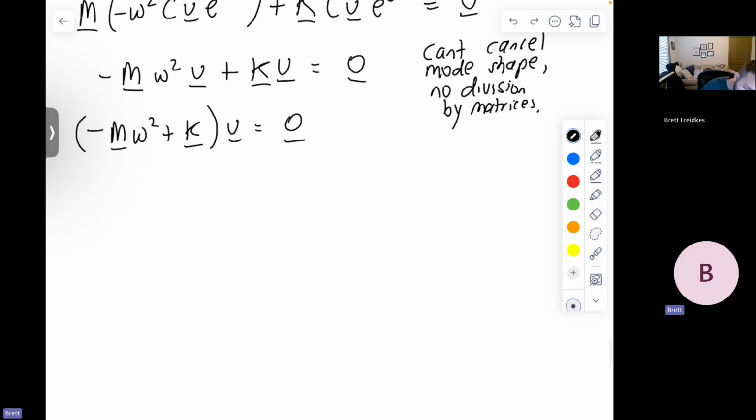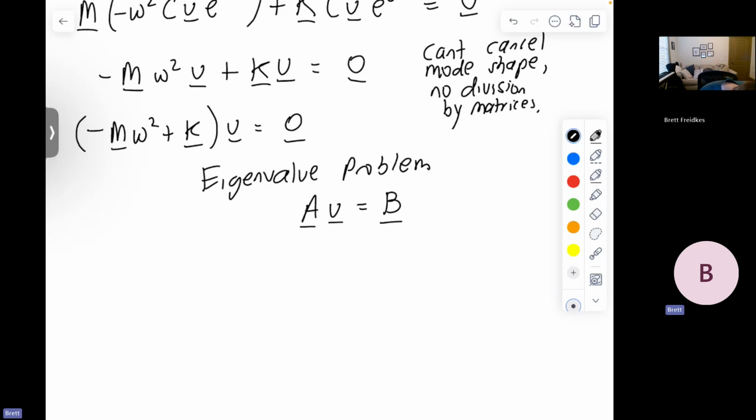Now, this type of situation is what is known as an eigenvalue problem. In general, what the eigenvalue problem is saying is that if I have a matrix A multiplied by this mode shape U, that will be equal to some B lambda U, where A and B are matrices, and lambda are what are known as the eigenvalues.